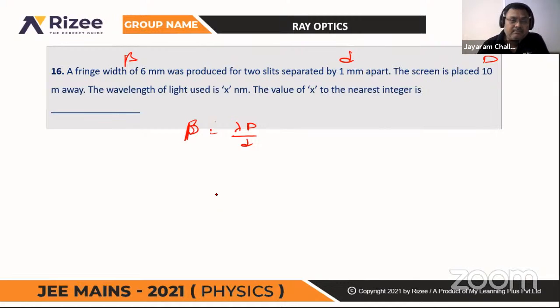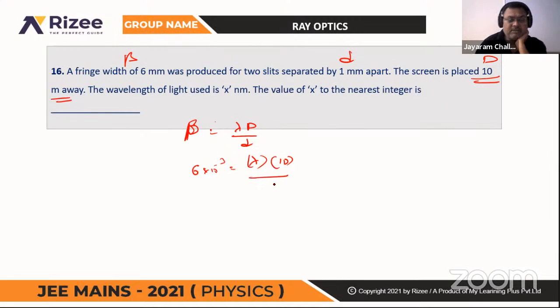So now the wavelength he is asking. Beta is equal to 6 mm, 6 into 10 to the power of minus 3. Next, lambda we need to find out. Capital D is how much, sir? He has given in the question, capital D is 10 meters away.